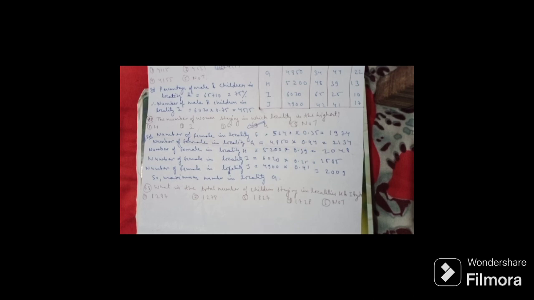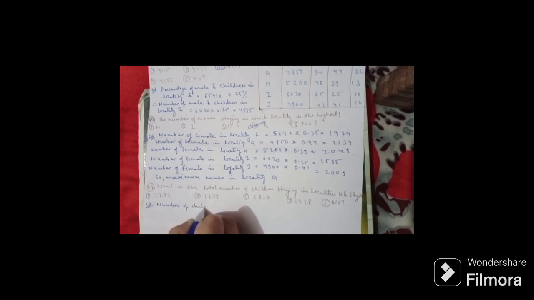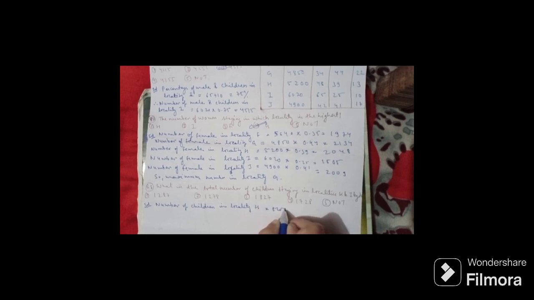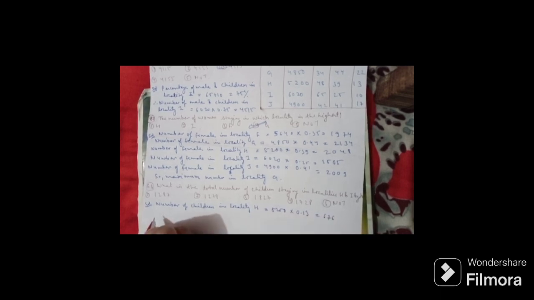So here we go. Number of children in locality H goes to 5200 into 0.13, 676.